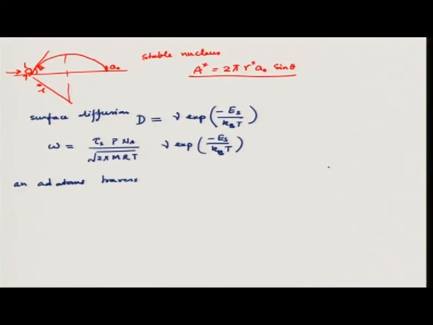So, the distance it will travel in that time by surface diffusion can be given as equal to the square root of 2 Ds tau s, where Ds is the surface diffusivity.